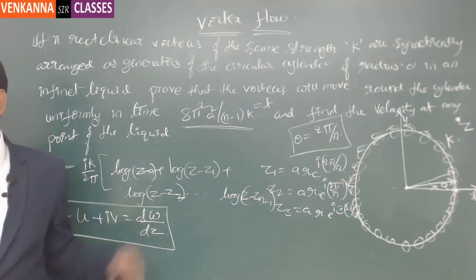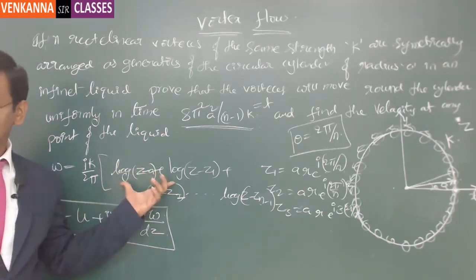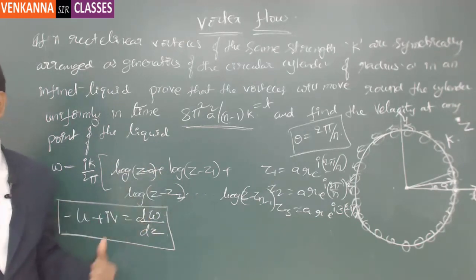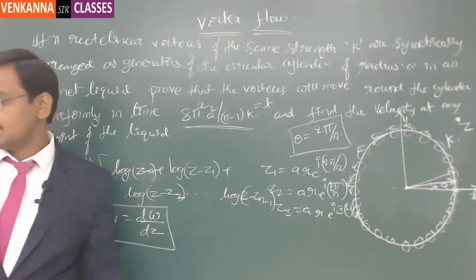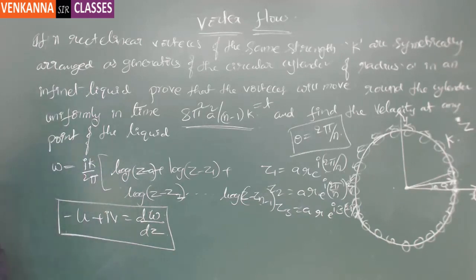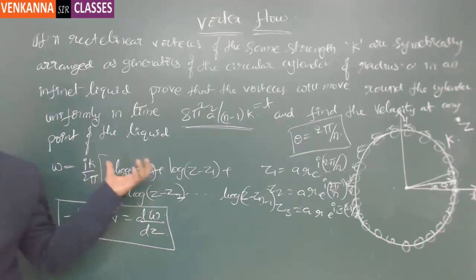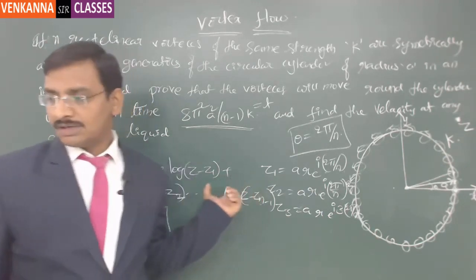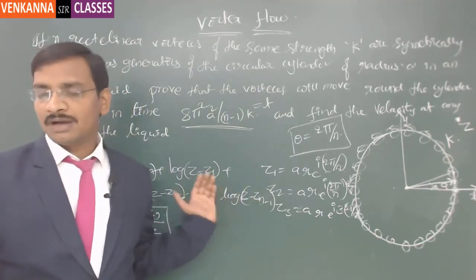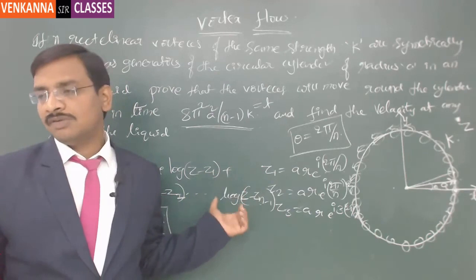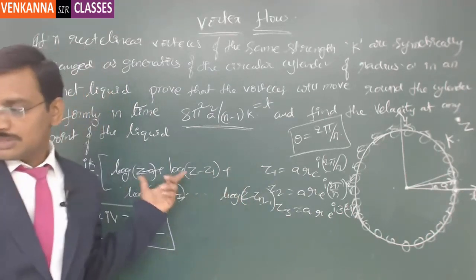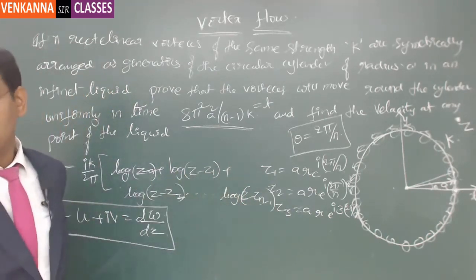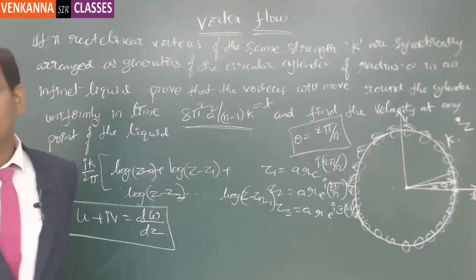Got it? So from this we need to identify the velocity. Try to bring the velocity from this, or else you can find the complex potential, that is the real part and imaginary part, and separate it out. One part will be the scalar potential, another part will be the streamlines. Will you be able to separate this? Try to see if you can separate it.